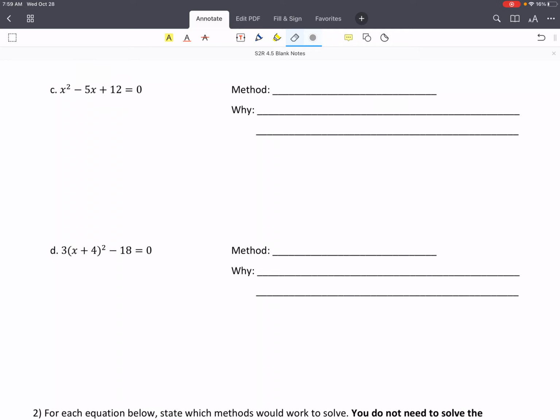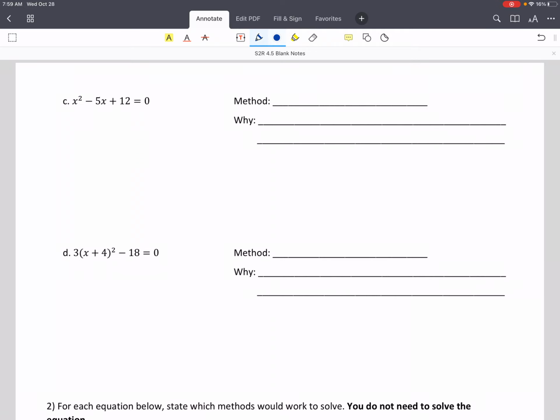I have a negative 5x here, so we're not going to use square root because I have just an x in there. And then a equals 1, but b is odd, which means I'm not going to complete the square, so I'm going to use quadratic formula.